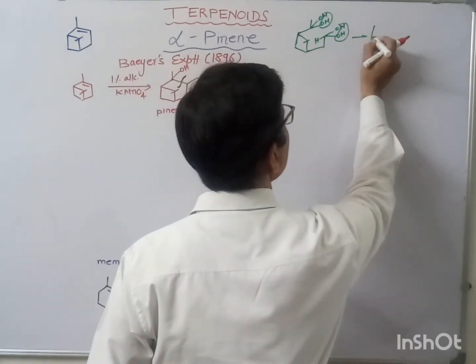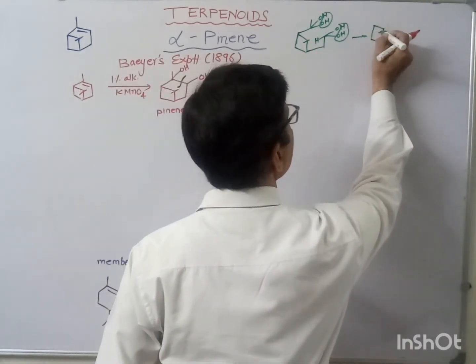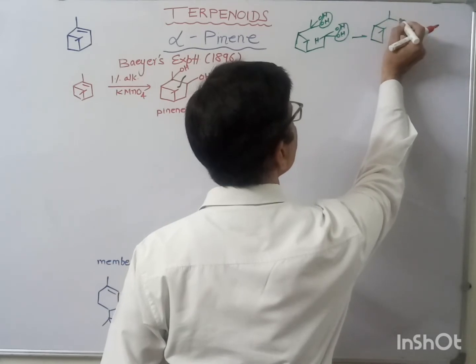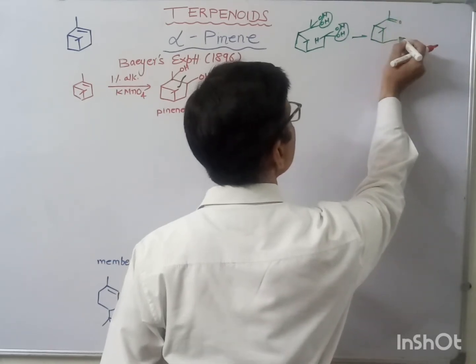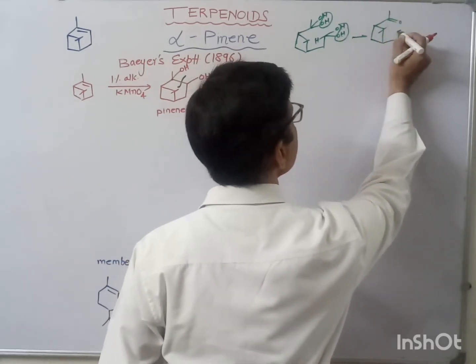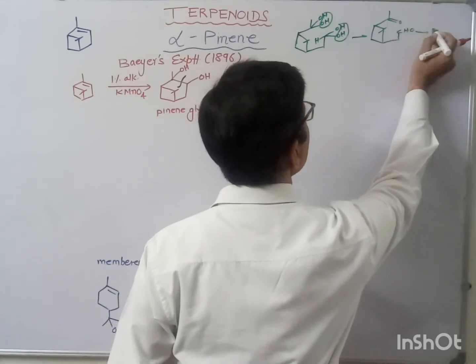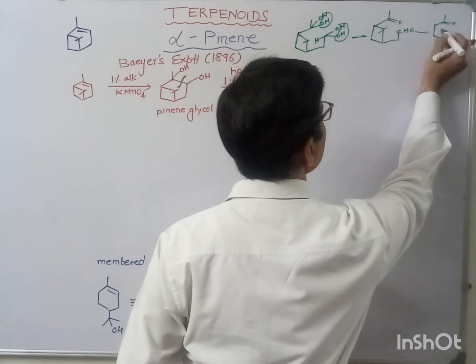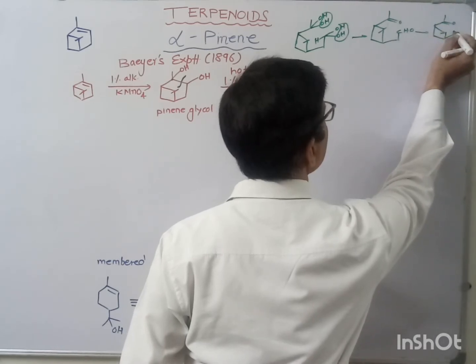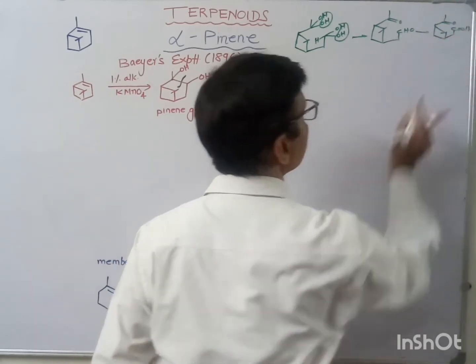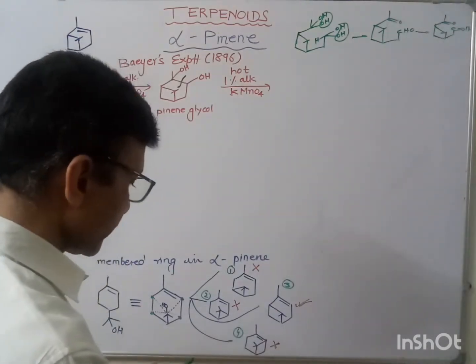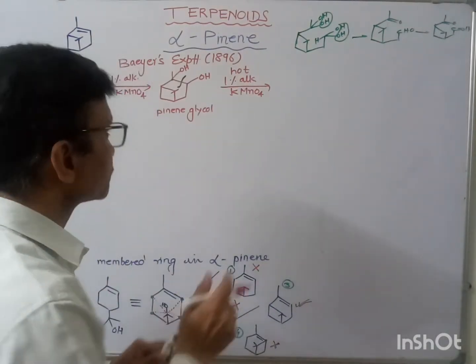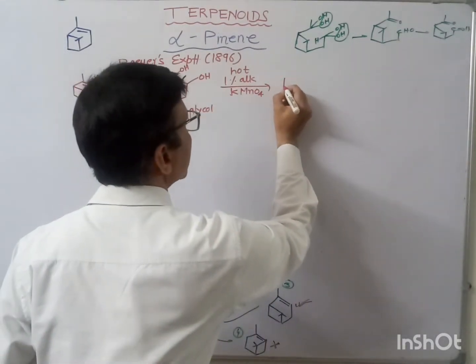So what will it give? It will give you the keto group over here, and it will give you the CHO group over here, and further it will get oxidized by this KMnO4, and we will get a COOH over here. Okay, so what we can write directly, I am writing over here.